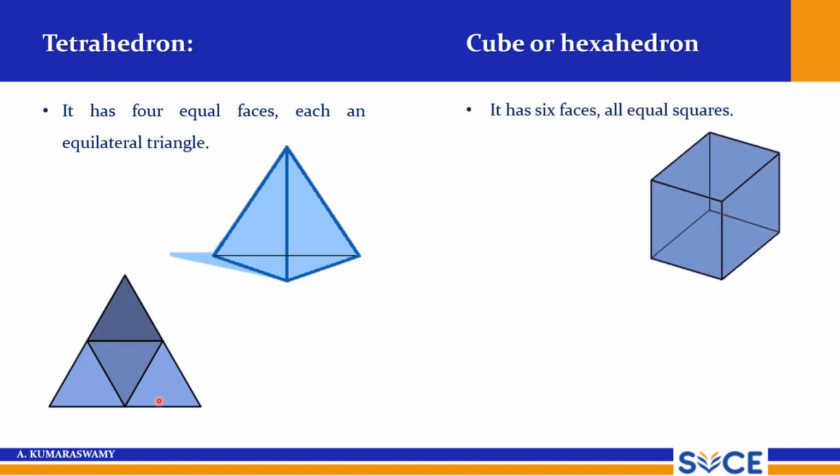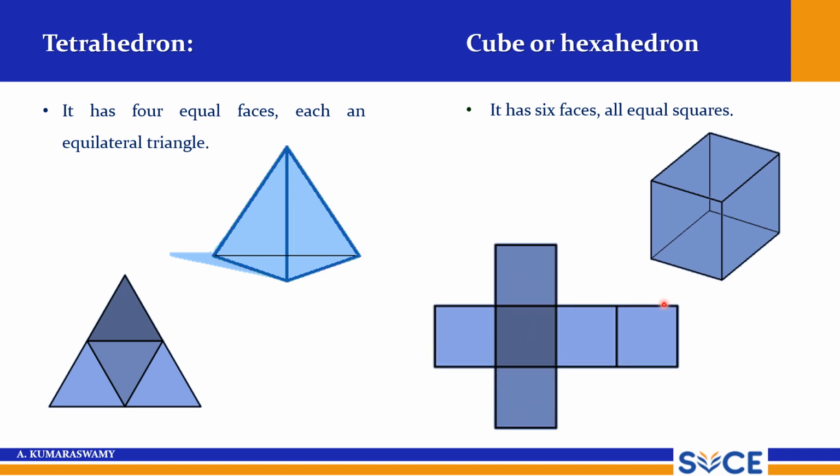Here the cube has 6 faces, composed of 6 square faces. If we open up this shape, we get the 4 lateral faces and 2 bases.